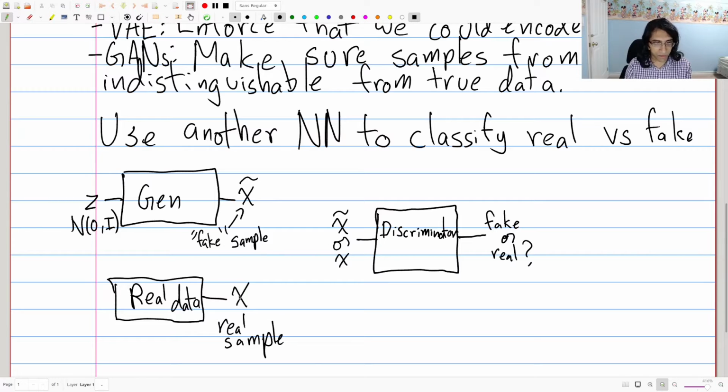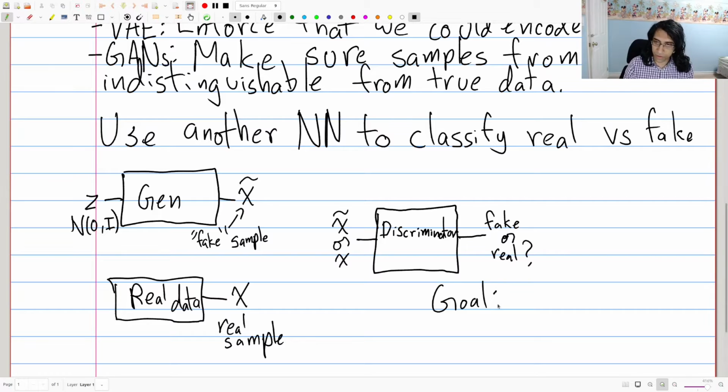Whereas if it's given a point from this data set here, the real training data, then it should be trying to say real, because it would identify correctly from being those two sets. So let me just write that.